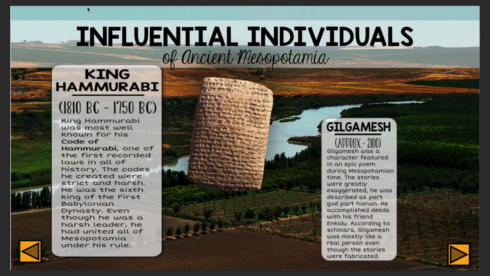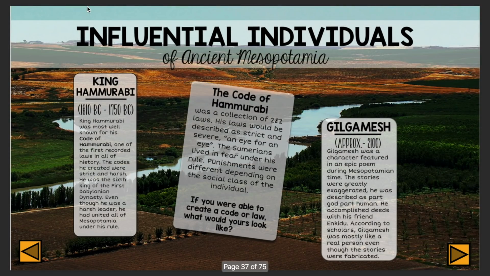He's most known for his Code of Hammurabi, and this is important because it's the first set of laws that are the same, right? It's like, hey, there are rules, you have to follow them. Everyone in my empire is following the same rules, so we're all kind of even here.